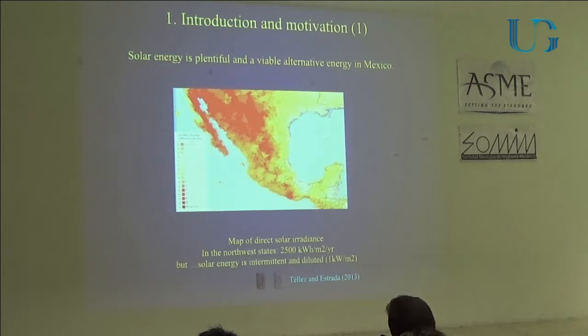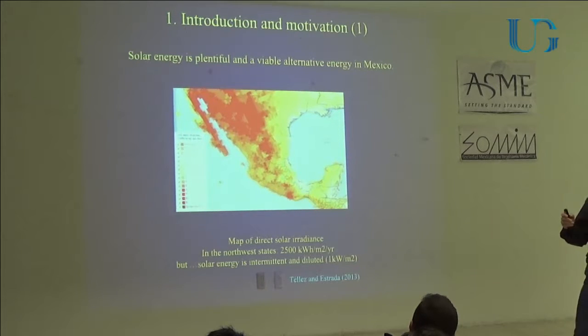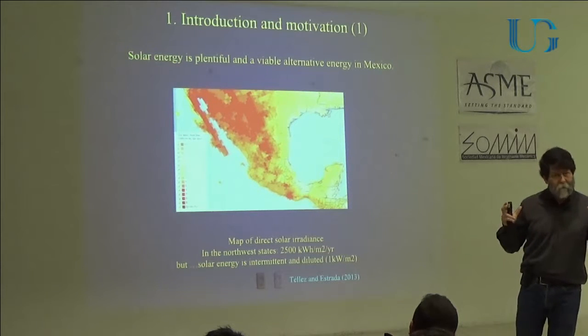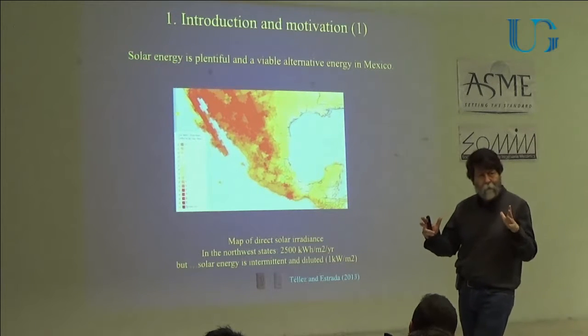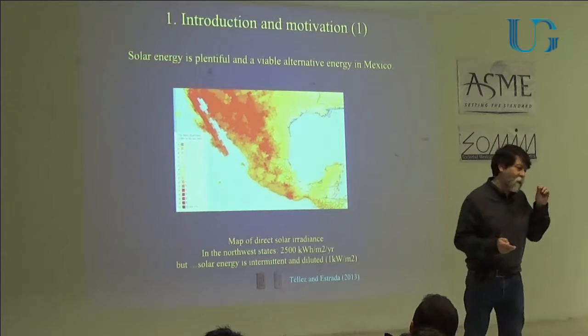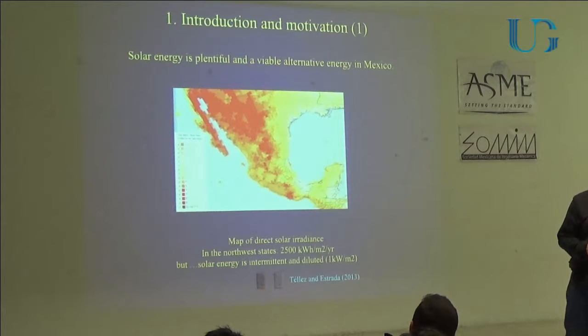But we know that solar energy is, first of all, intermittent. We don't have solar energy at night, obviously, and it is diluted. We have only 1 kilowatt per square meter. So fair enough, it has very good properties, but it has some other properties that make the usage of solar energy a little bit difficult, to say the least.